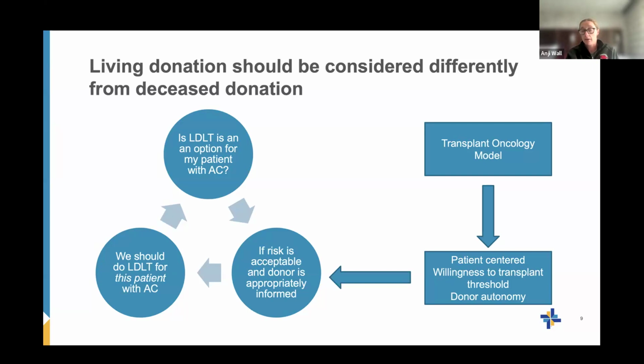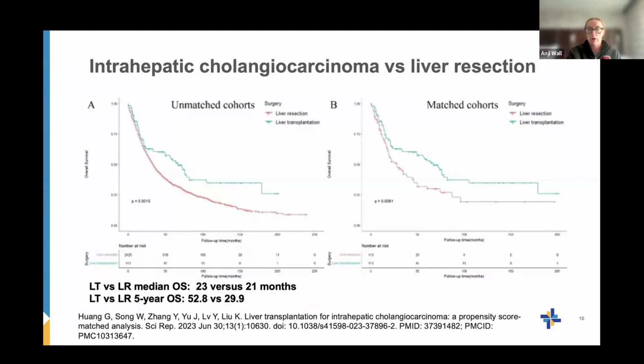I think that's very problematic in terms of our metrics. We should be thinking about living donation differently, because living donor grafts are not a public, scarce resource that we have competition among multiple patients for.